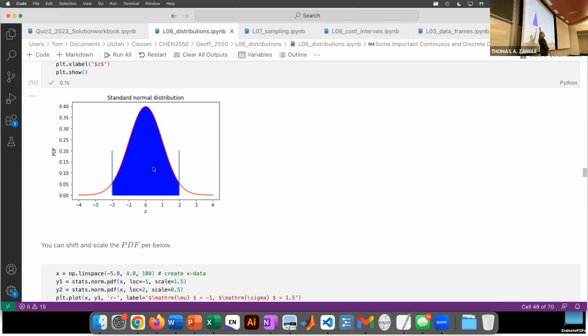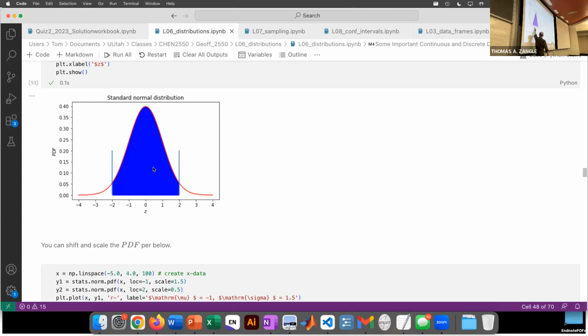We have to integrate in order to turn this into an actual probability, and this is something that I was maybe not clear on last time. In order to answer a question of what is the probability of a certain type of event happening, we actually have to integrate this PDF, and then that will give us the probability of events falling within a certain range.